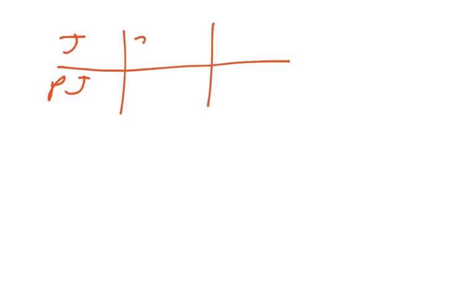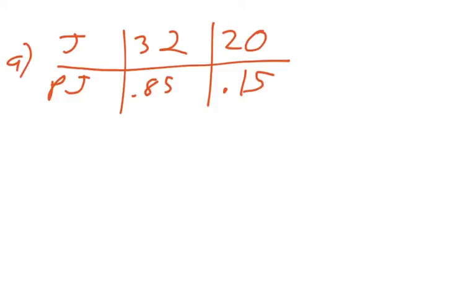So we're either going to have $32 or $20. The fact that 85% come in for a haircut means that. And we need the answer to total up to be 1, so 0.15. And that's the answer for A.